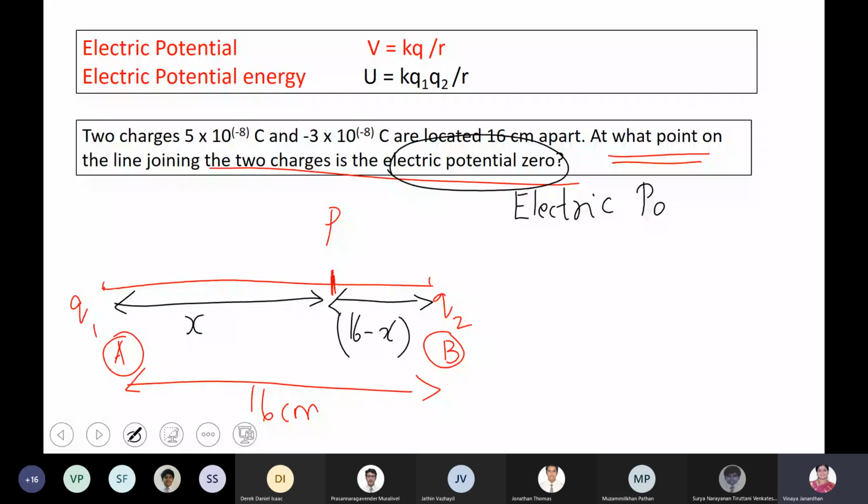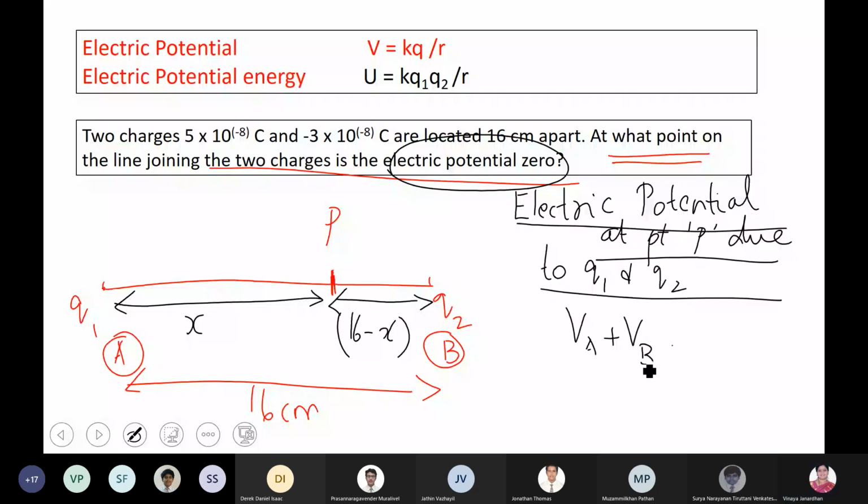That is VA plus VB, and it must be equal to 0 because that is the condition given. Now I have to find what VA and VB are. What is the general formula? K Q by r. What is VA? K into Q1 divided by the distance between A and P.